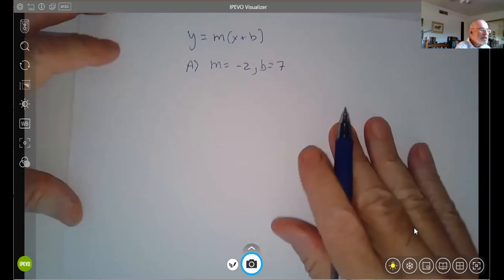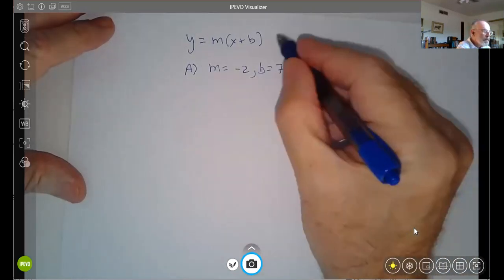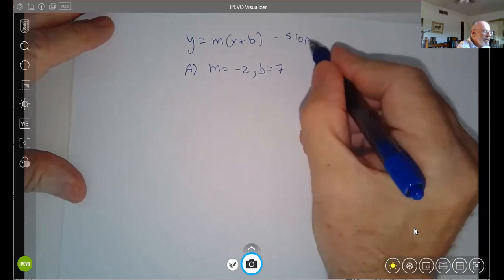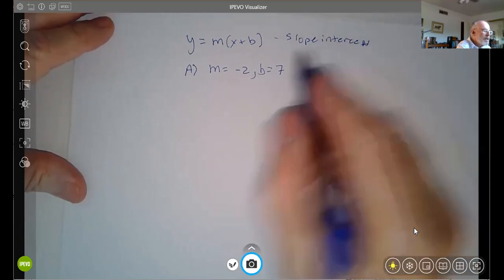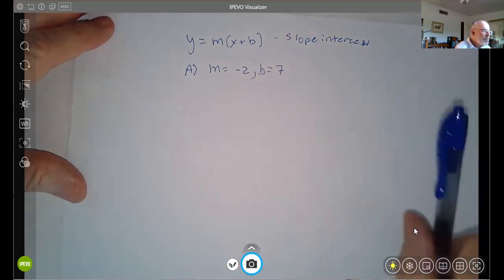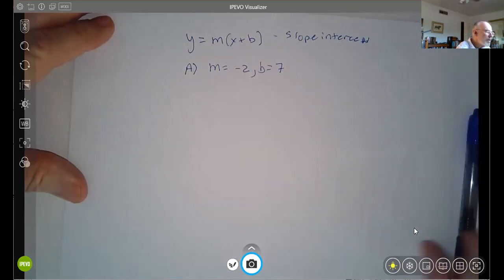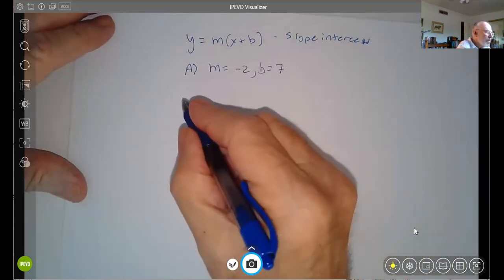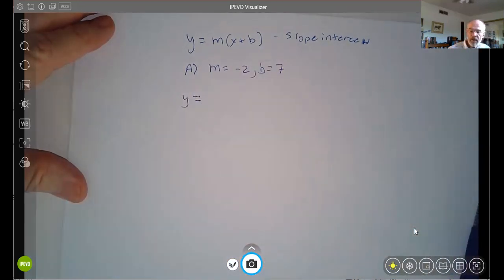And so here I've written the slope-intercept form of a linear equation. Here the slope m is -2 and the b is 7. So all we really need to do is plug that information in. I'm going to rewrite the form of the equation up here, and we'll do a little color coding.